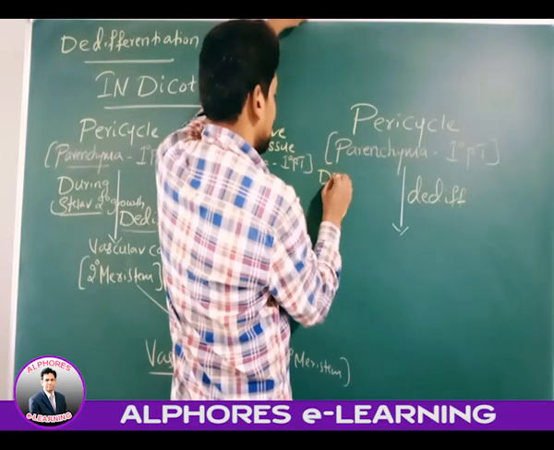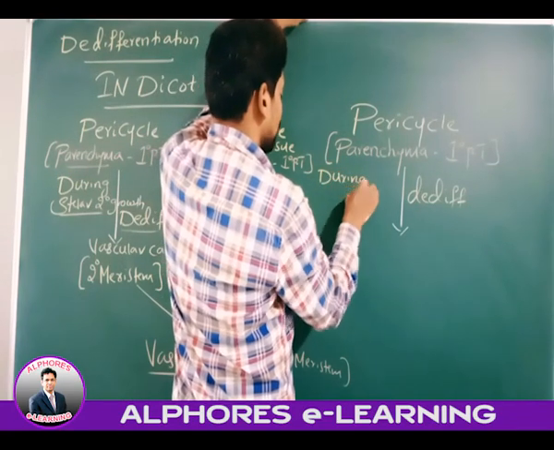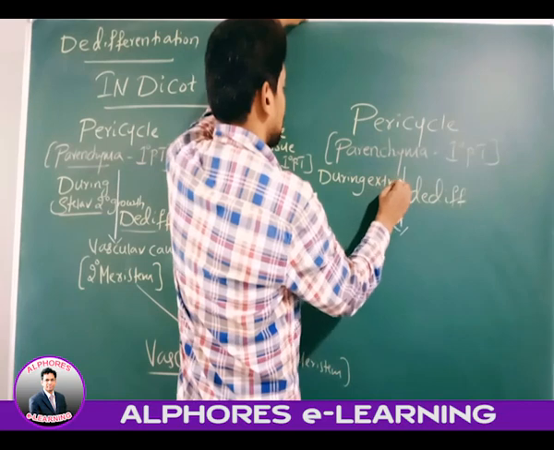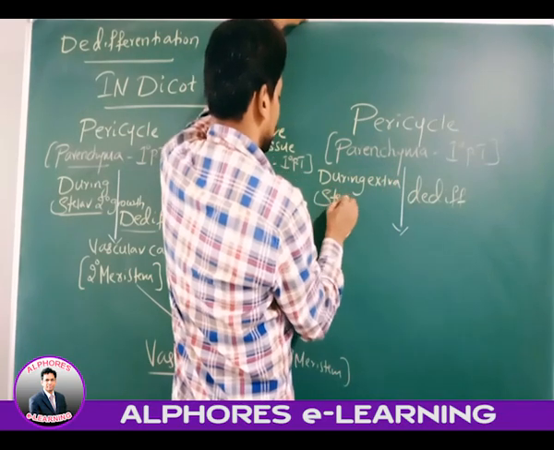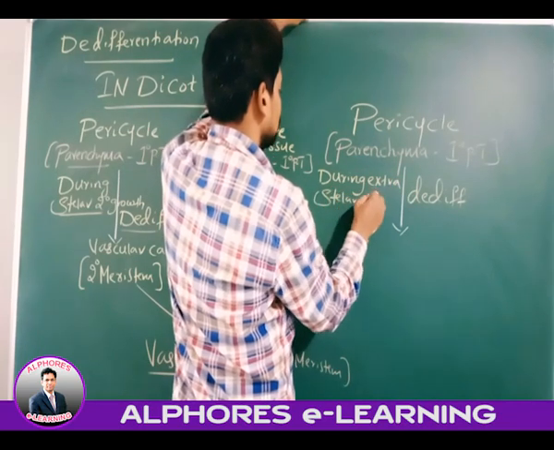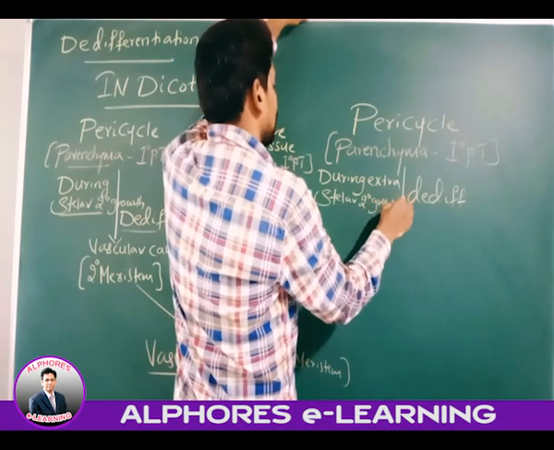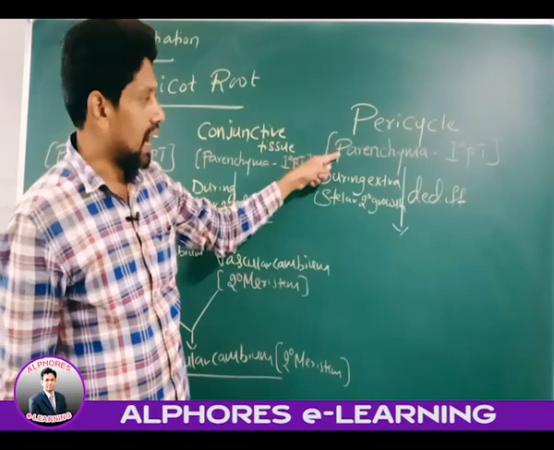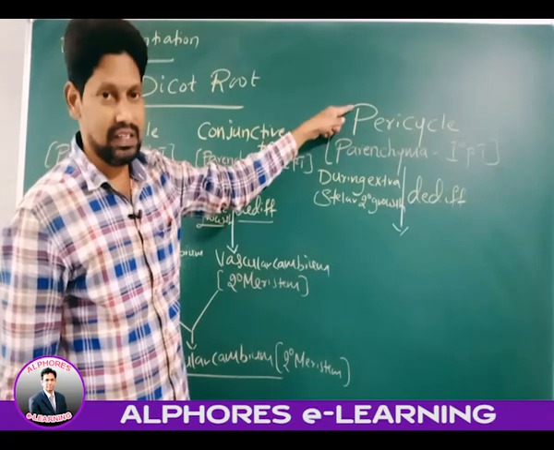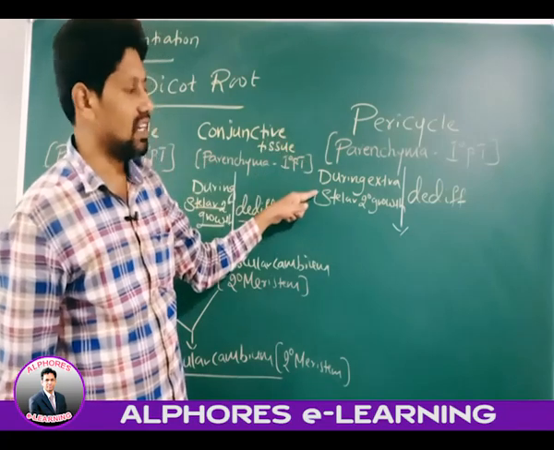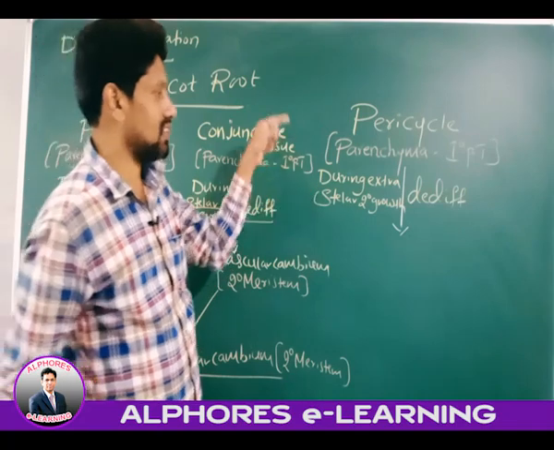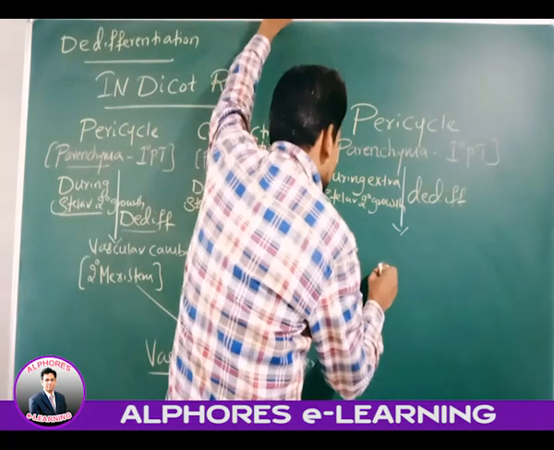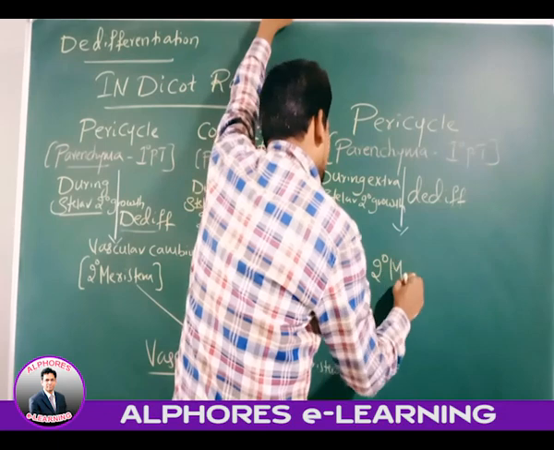When, sir? During extrastellar secondary growth. Therefore, parenchyma of pericycle undergoes dedifferentiation process during extrastellar secondary growth. Sir, if dedifferentiation takes place, which meristem we are going to get?